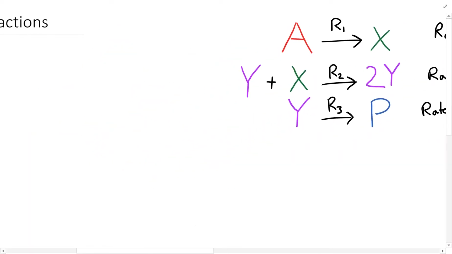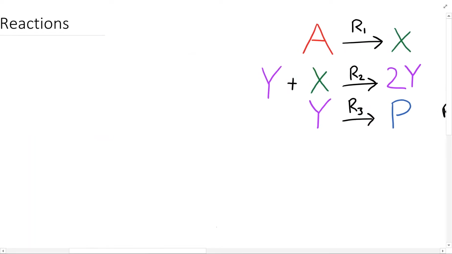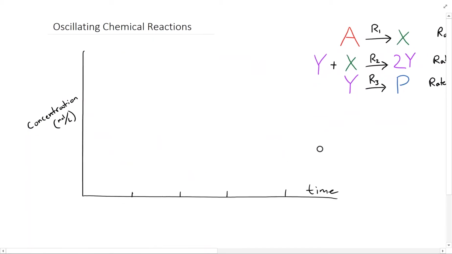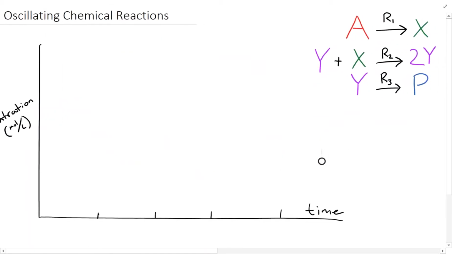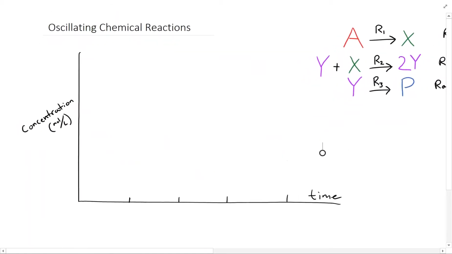So let's look at how this plays out. And I'm going to actually use a graph here, which is going to help us talk about the concentrations of these different reactants over time. So here is our graph. So first of all, when we have a lot of A, and I'm not going to put A or P on the graph until the very end, I just want to talk about what's going to happen here. Well, remember, the rate here is rate 1.